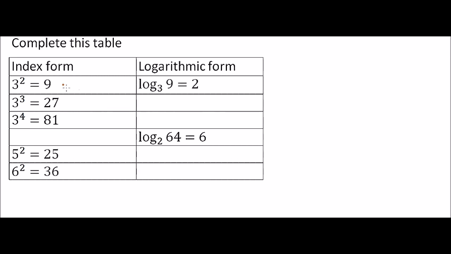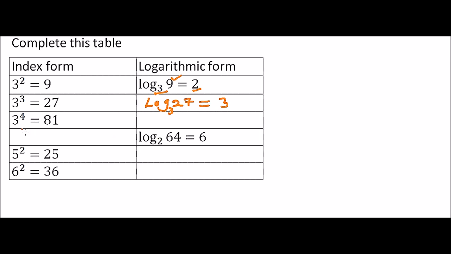For example, the first one, we are given in index form, that is 3 squared is equal to 9. The logarithmic form of this is, note here, 3 squared is equal to 9. So we can use that format. So here, 3 cubed is equal to 27 can be written as the log of 27 to base 3 is equal to 3.